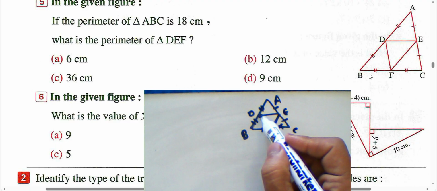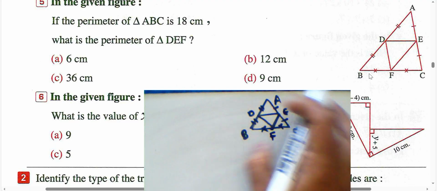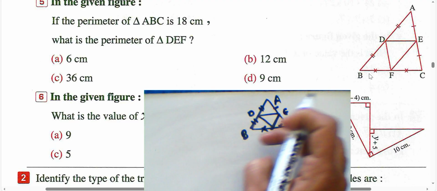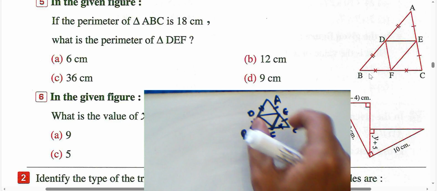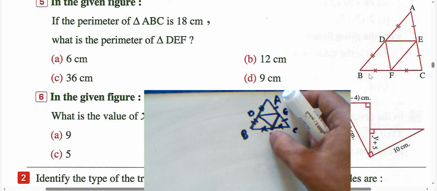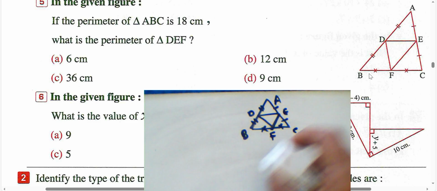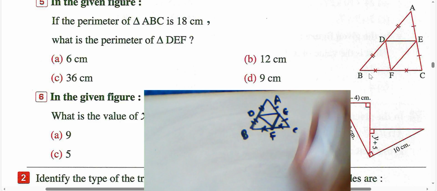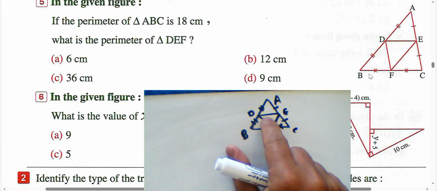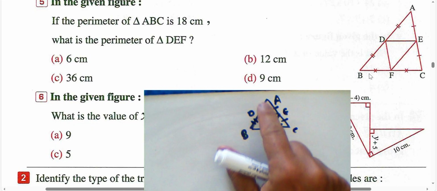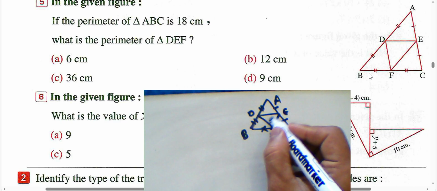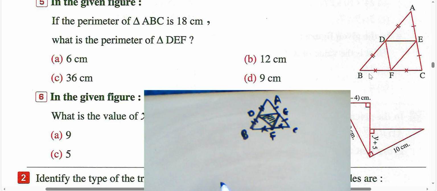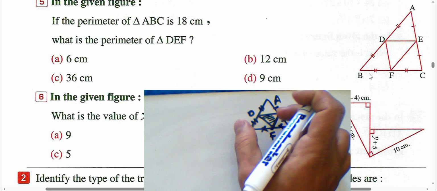Then the perimeter of triangle DEF equals half of the perimeter of ABC, because DF is the mid segment. This mid segment is half of BC, and EF is half of AB, and DF is half of AC. Then the perimeter of the small triangle is half the perimeter of the greater triangle.